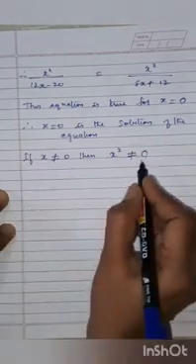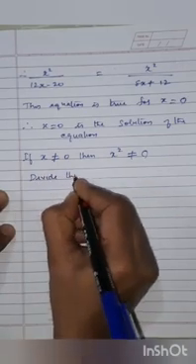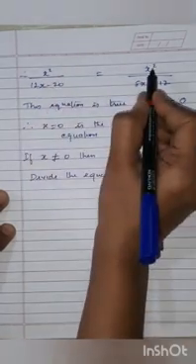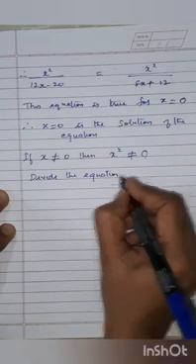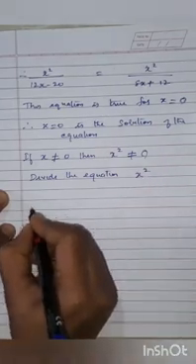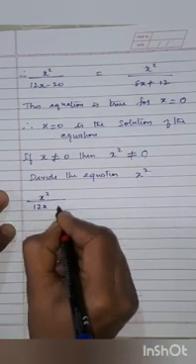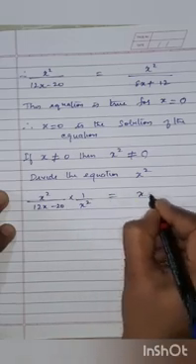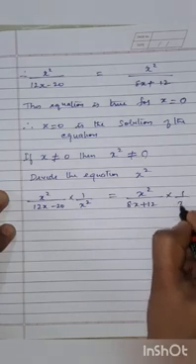Okay, after this step what you have to do is, you have to divide the equation by x square, we don't want this x square to be here on the numerator. So we are going to cancel this. So we will divide the equation by x square. Okay, so what we will get is x square upon 12x minus 20 into 1 upon x square is equals to, here also x square upon 8x plus 12 into 1 upon x square.